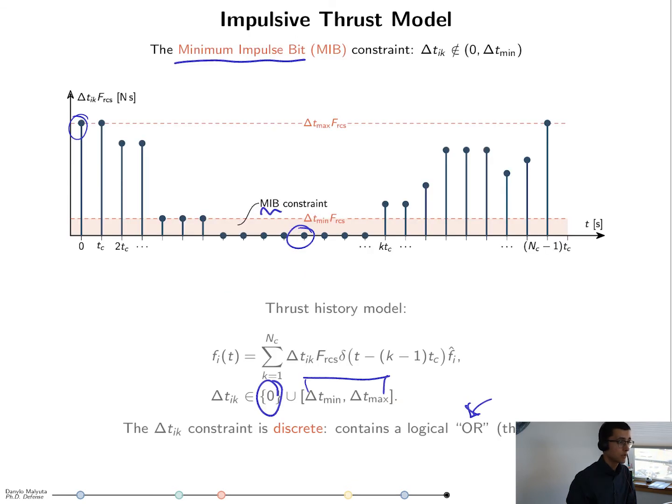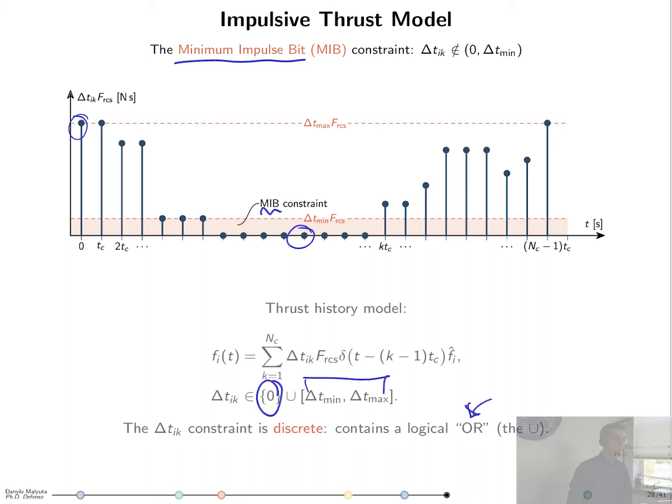So once we agree on that model, we can define a history of such pulses that occur during the rendezvous maneuver. So what the optimization task is to decide on this history of pulses: when do thrusters fire, when do thrusters not fire. The difficult part about this problem, and actually the original motivation for using this as the example, is what's called the minimum impulse bit constraint, MIB for short.